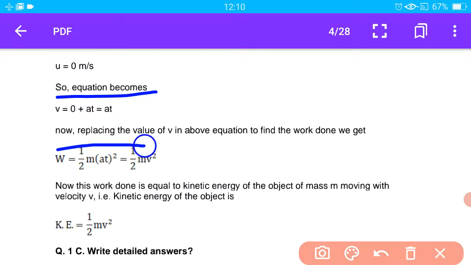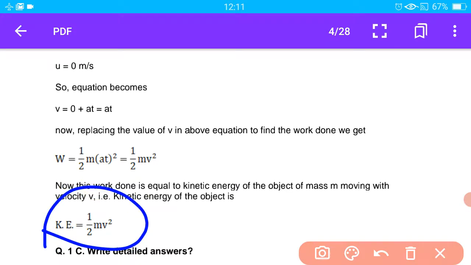Now replace the value of v in the above equation to find the work done. We get W equals 1/2 m (at)² equals 1/2 mv². Now this work done is equal to kinetic energy of the object of mass m moving with velocity v, so kinetic energy of the object is kinetic energy equals 1/2 mv². That's the final answer.